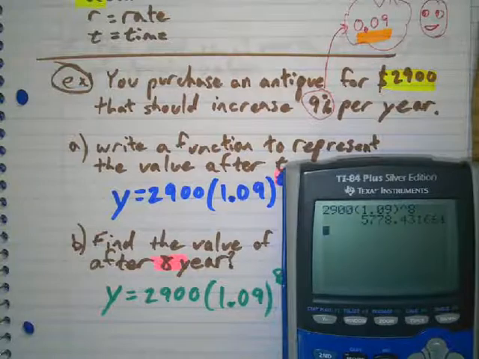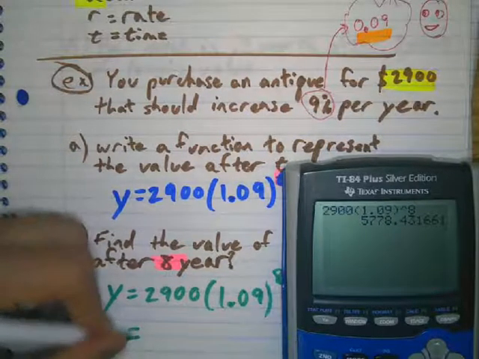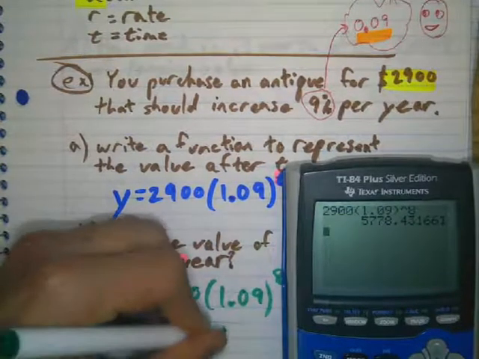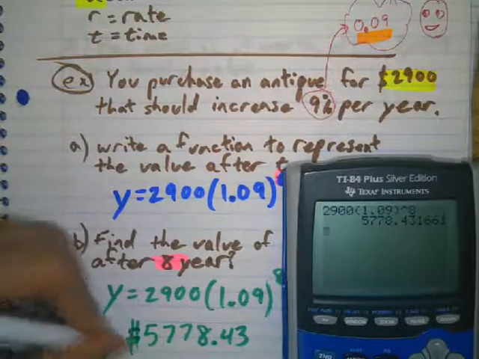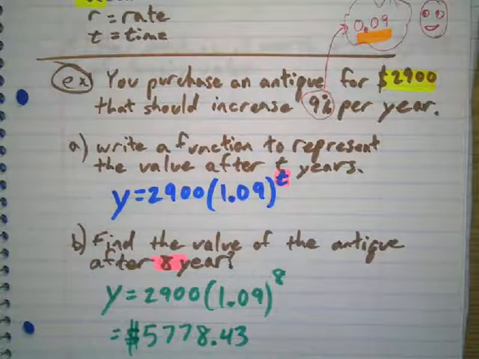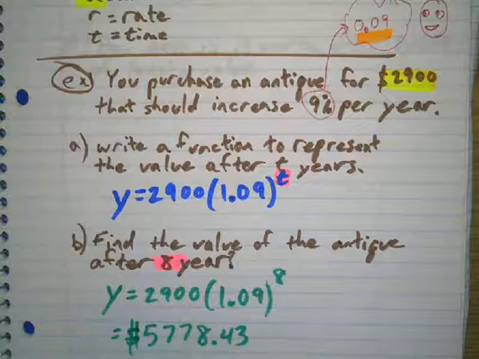Enter, and we know the value is going to be equal to $5,778.43. Let's put a dollar sign there, right? Okay, now we know we're correct if it's increasing. Is this value increasing? Yes.